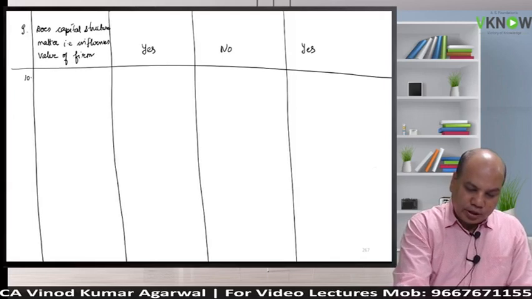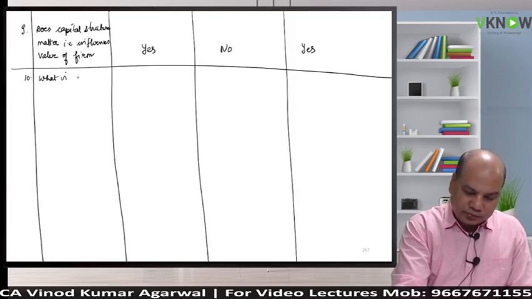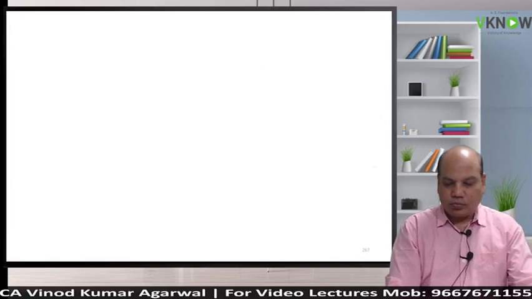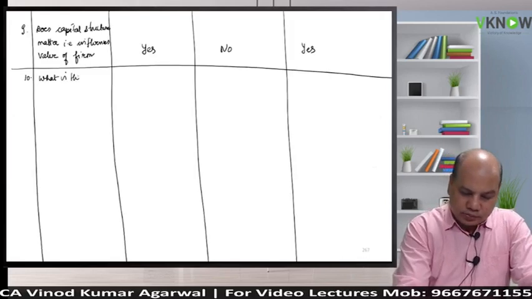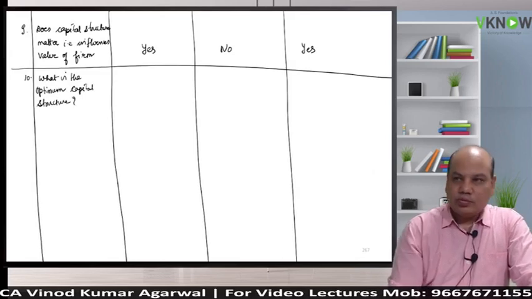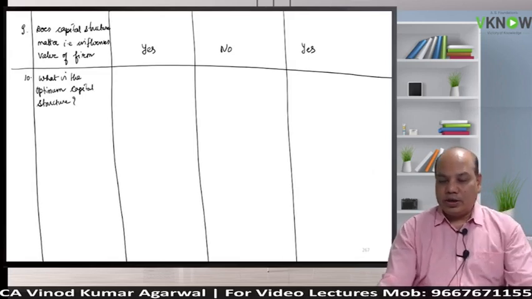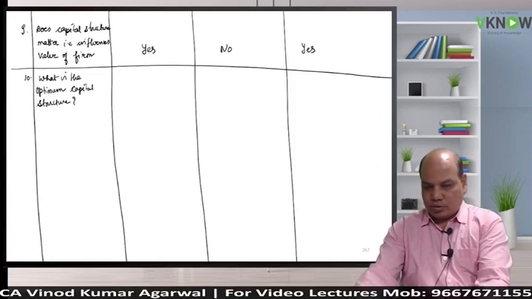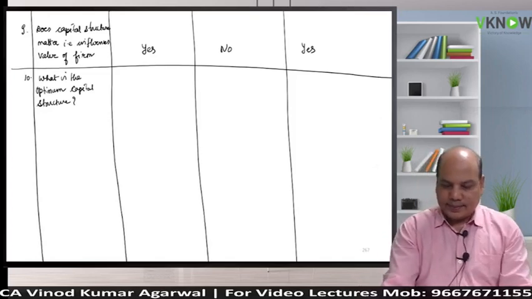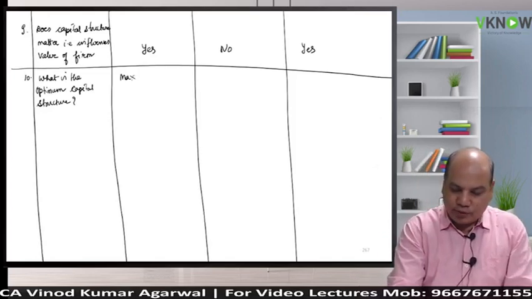10th point, write down. What is the optimum capital structure? So, under net income approach, the answer is maximum use of debt.